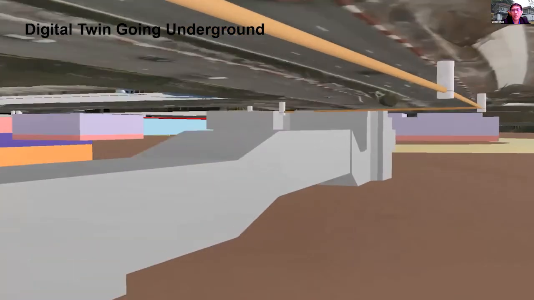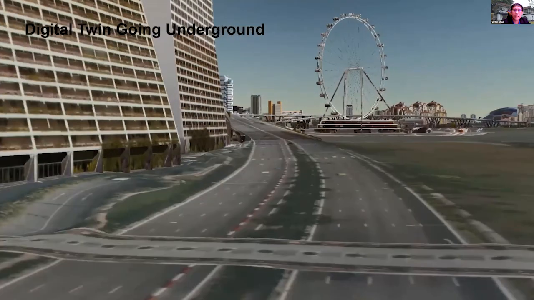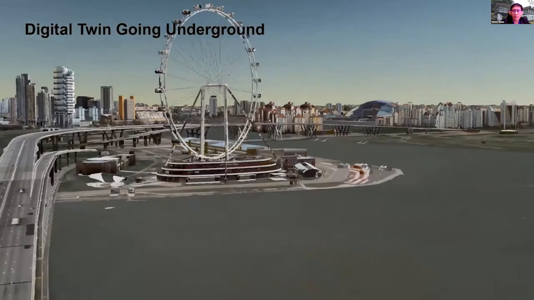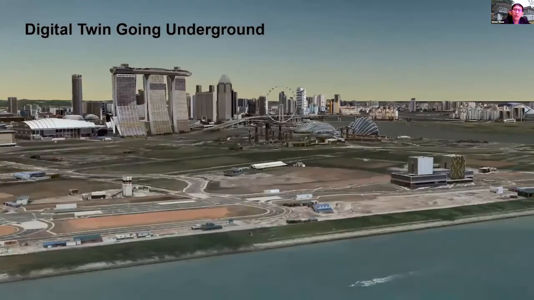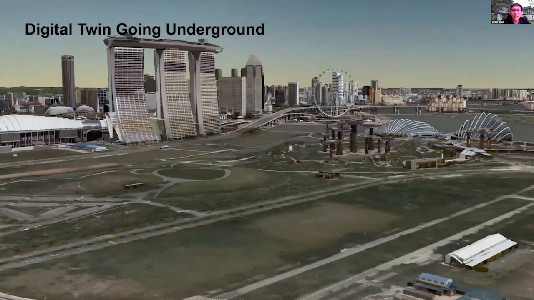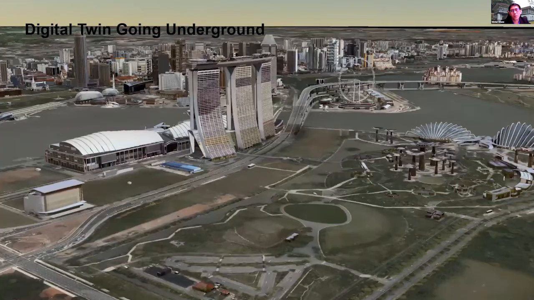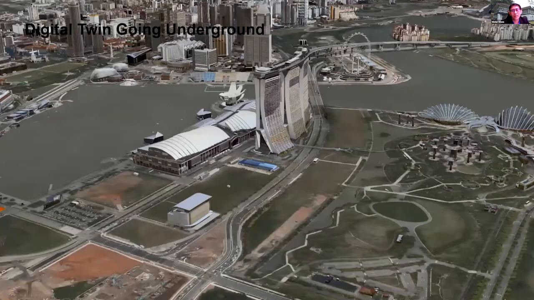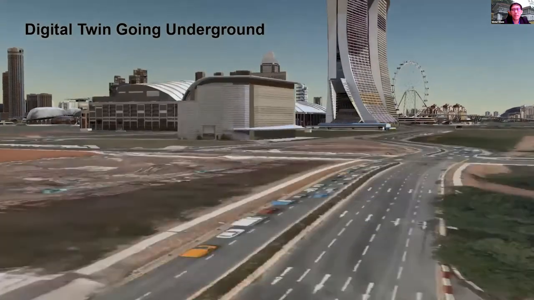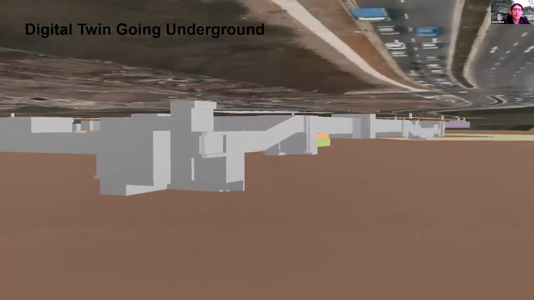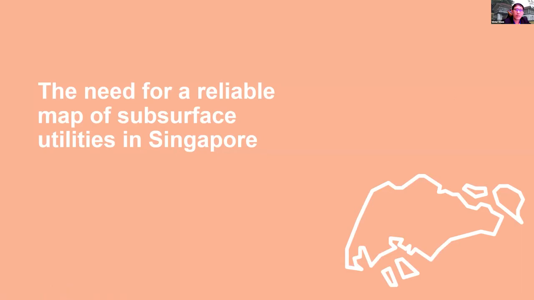In this case, we would like to focus on utility information that covers the shallow part of the underground. And progressively, we would also want to work into other types of underground data, which comparatively may be easier compared to the utility information. The need for a reliable map of subsurface utility in Singapore.